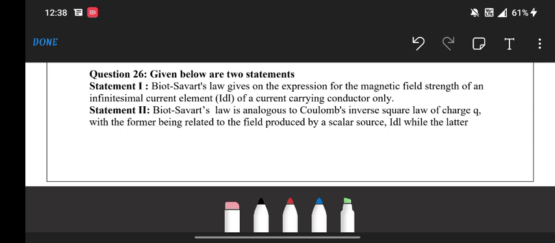Statement 2 they have given is that the Biot-Savart law is analogous to Coulomb's inverse square law of charge q, with the former being related to the field produced by a scalar source while the latter.